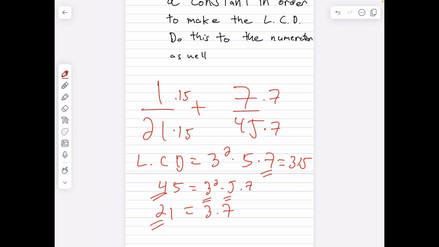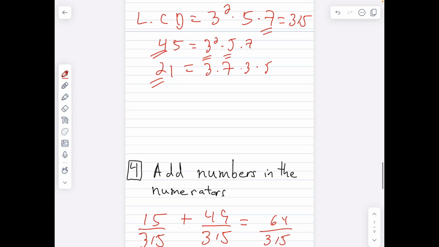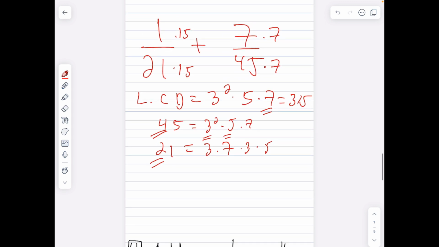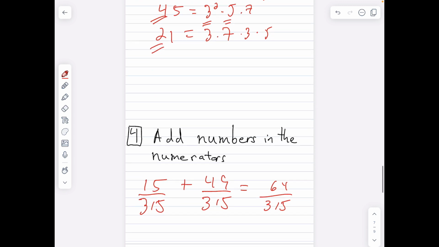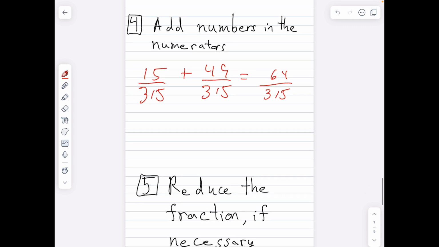On the 7 over 45, you multiply both the numerator and denominator by 7. And then for 21, it was 3 times 7. And what's missing from that factorization of 21? Well, you're missing an extra 3, because there's two 3s and a 5, so 3 times 5, 15. So we multiplied 1 over 21 by 15 on both the numerator and denominator. And so that's how that goes. And 15 times 1 is 15, 7 times 7 is 49, as we said, and that common denominator is 315.